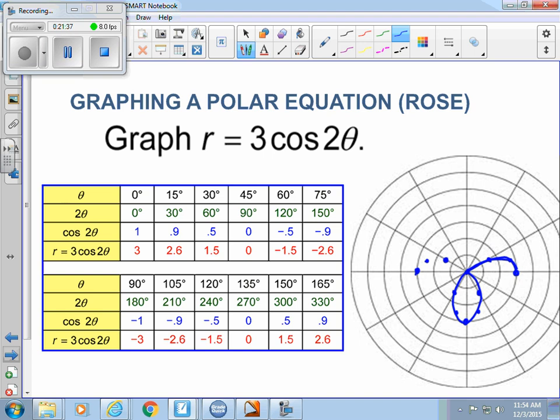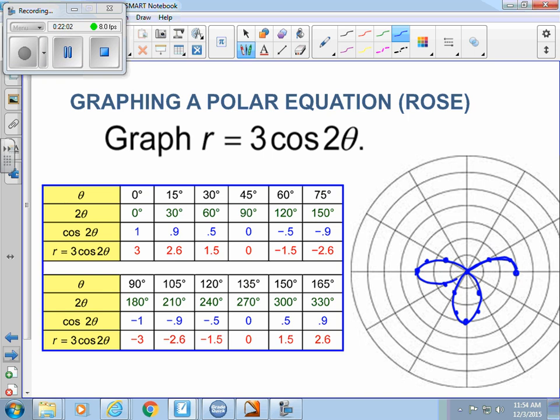I've lost the rest of my table, so you're going to have to answer the rest of them for me. What's this angle, first of all? Next angle. 210, and what's the value at 210? 1.5. So I'll get another petal.